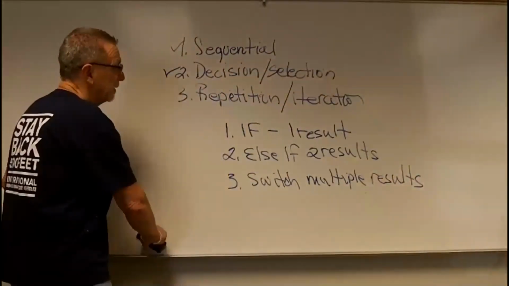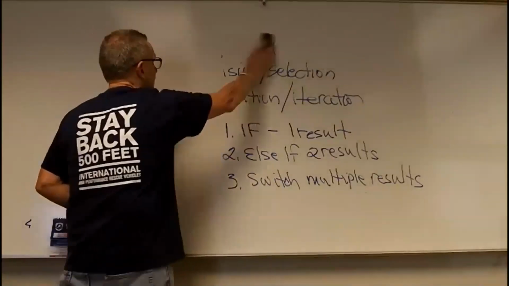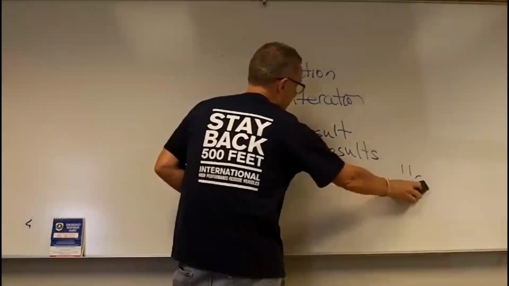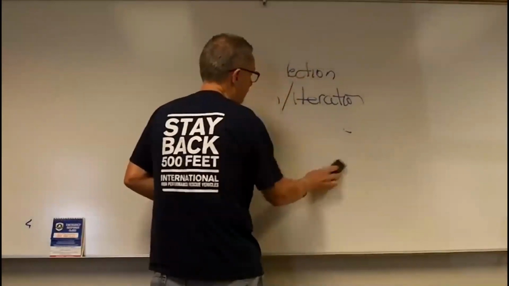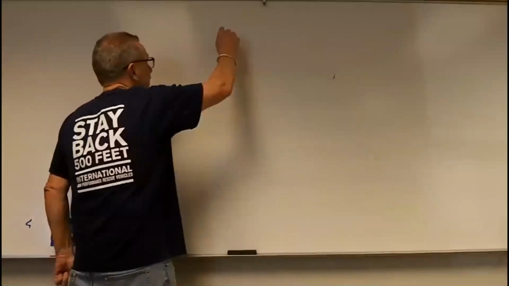And again, when we're making decisions, with the sequential that we were doing before, you have to run every line in order. In selection, we can go one way or the other or not do anything.